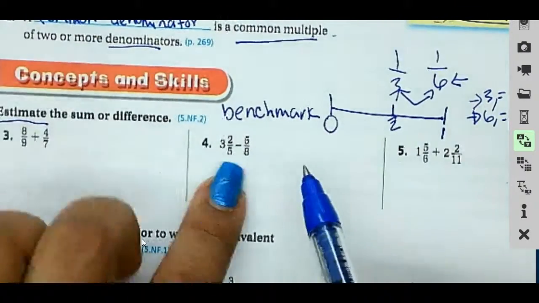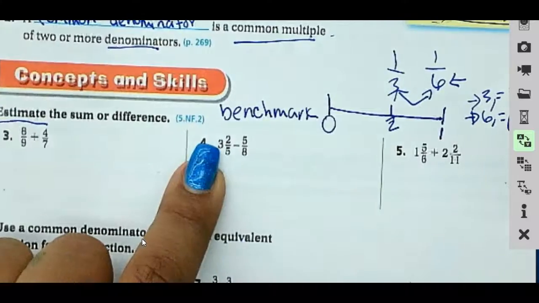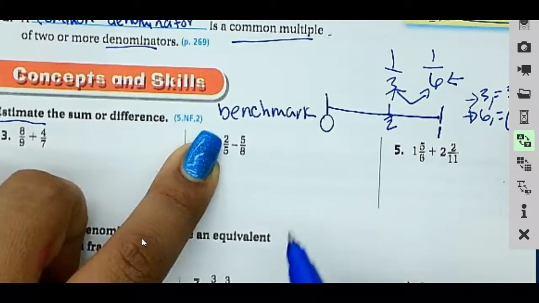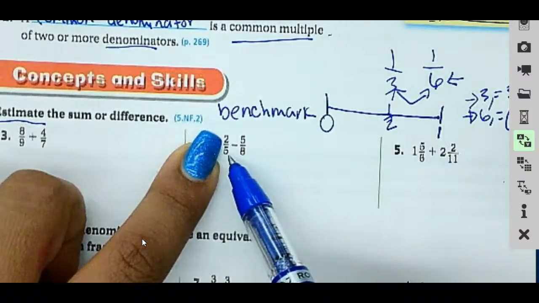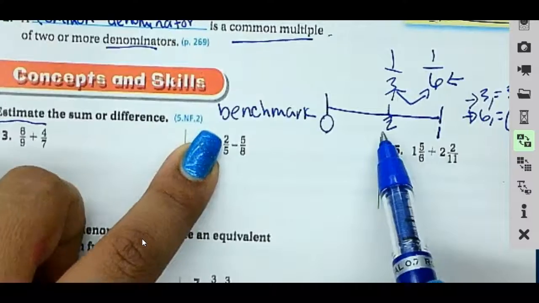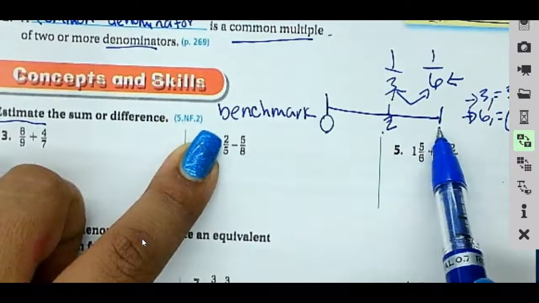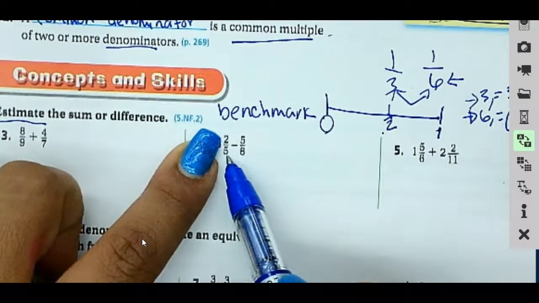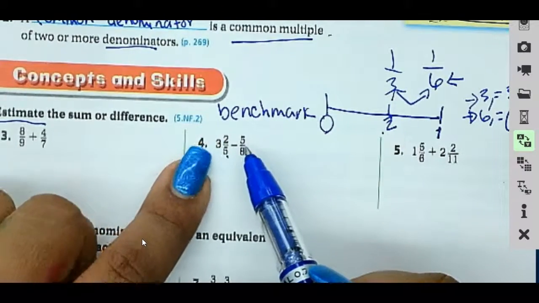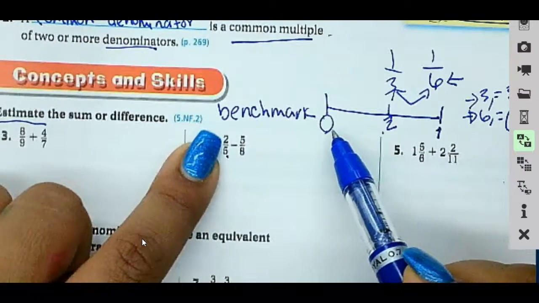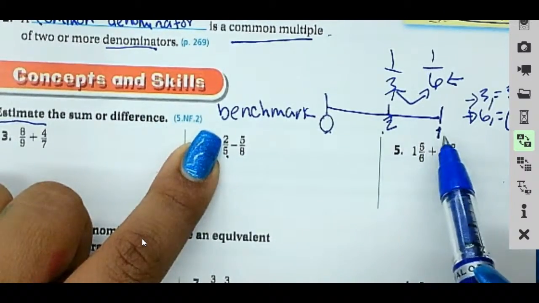So when you look at your number, 3 and 2/5, 3 is a whole number. So for now, don't worry about it.